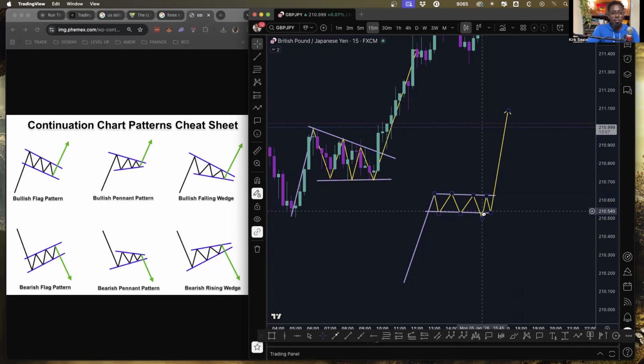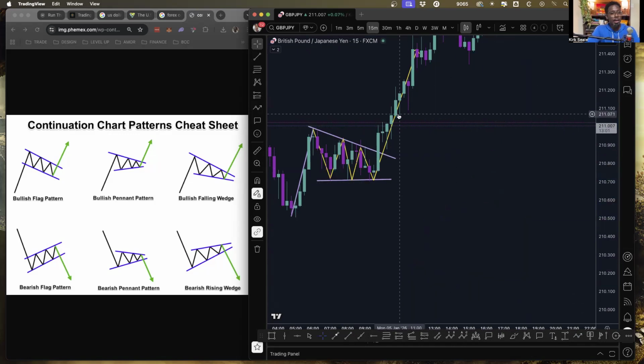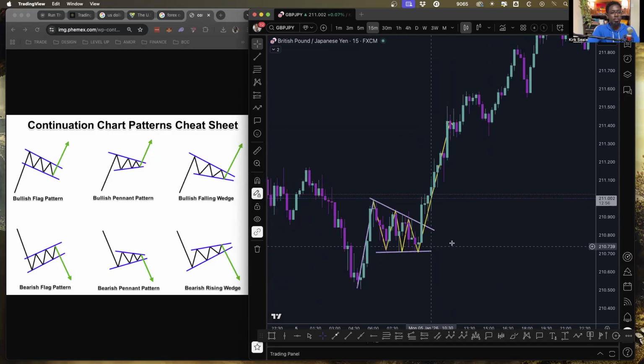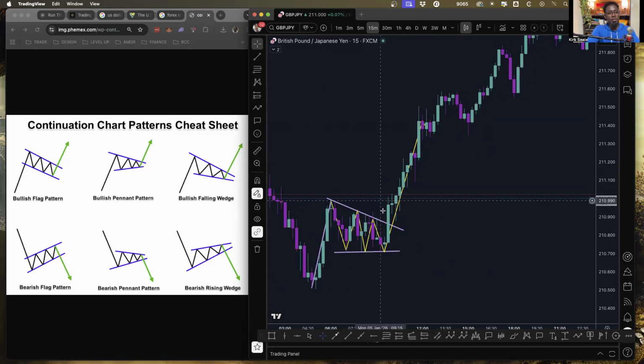Price in reality in the markets doesn't give us pretty things all the time, right? Sometimes they're not going to look exactly like what we drew. So we've got to take our time with it. And the flag patterns, if you start to notice, I wouldn't necessarily try to force this on this time frame as a flag, because I need to be able to draw this up and down movement, right?